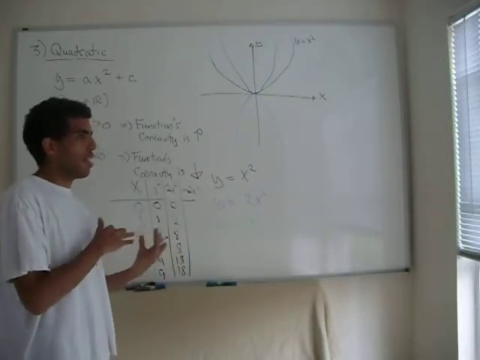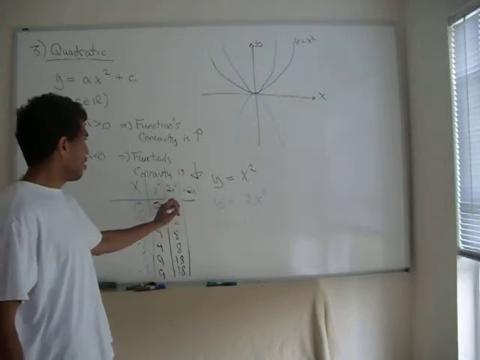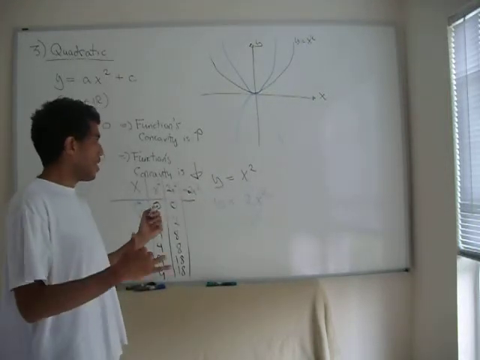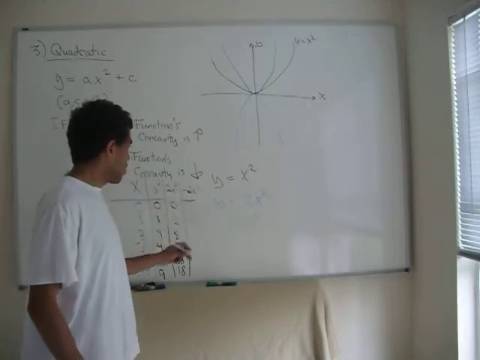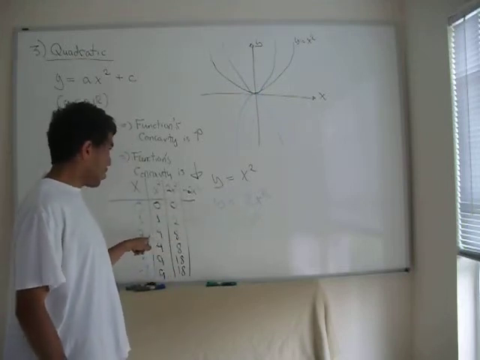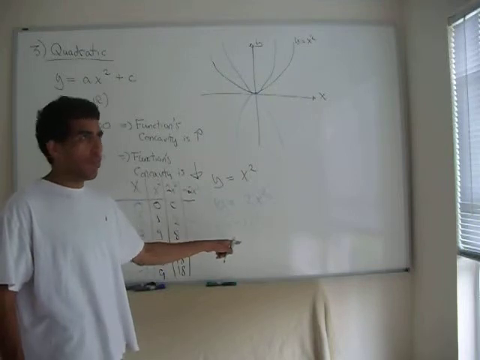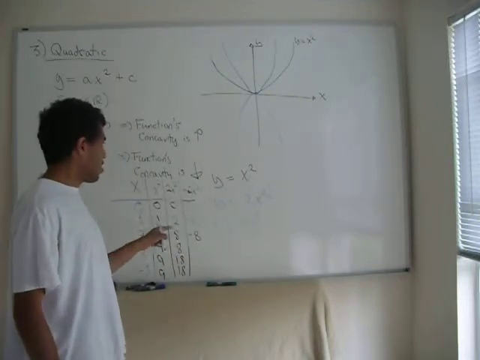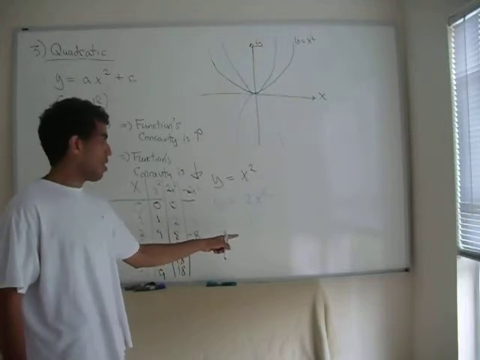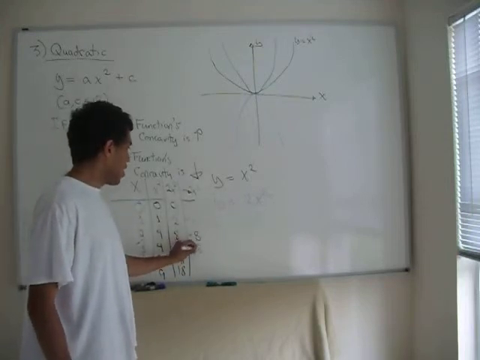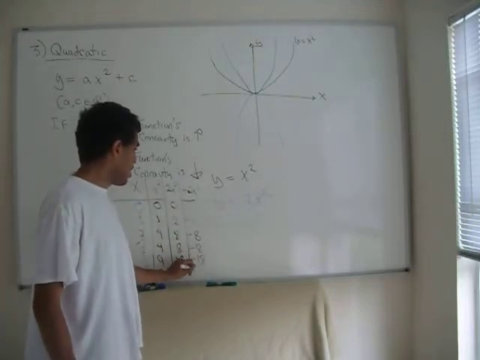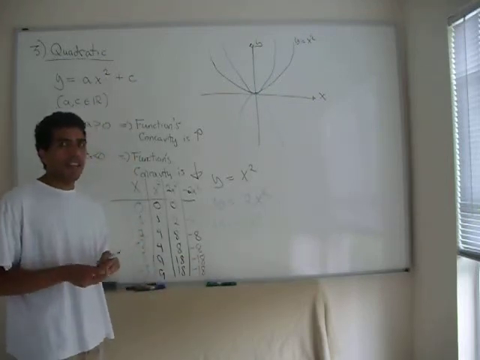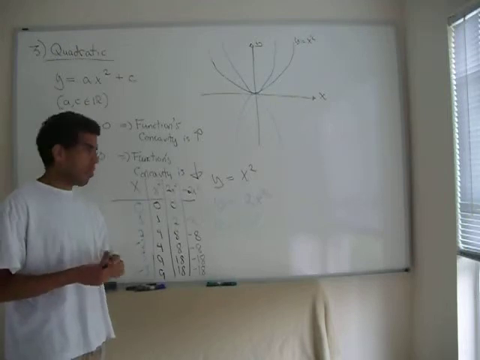It's going to be the same, only that it's multiplied by minus 2. 0, 0, 1, minus 2, 2 squared is 4, times minus 2 is minus 8, and minus 2 squared, 4 times minus 2, is minus 8, exactly the same. Minus 18, minus 18. So all you have to realize is the pattern that is happening with the numbers.